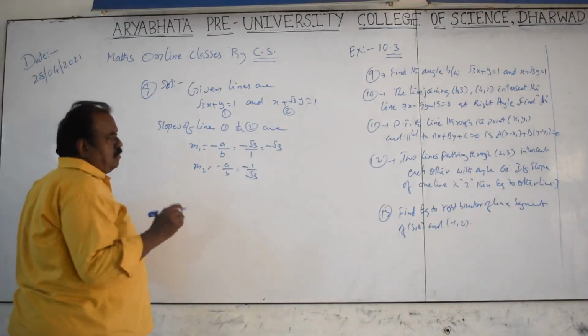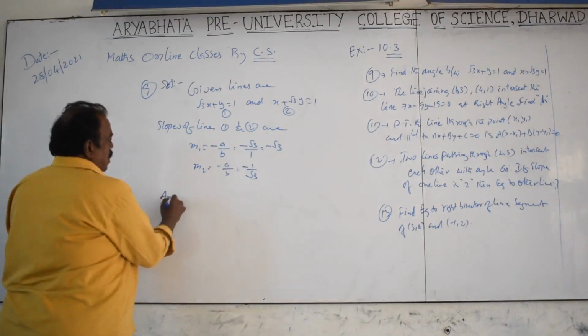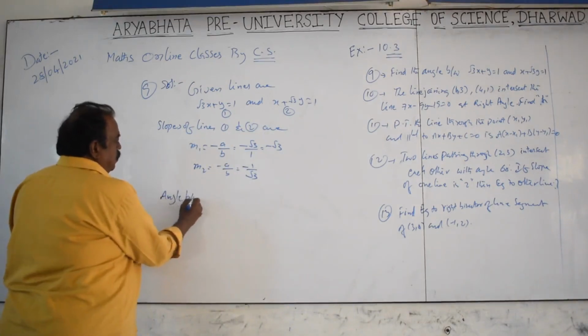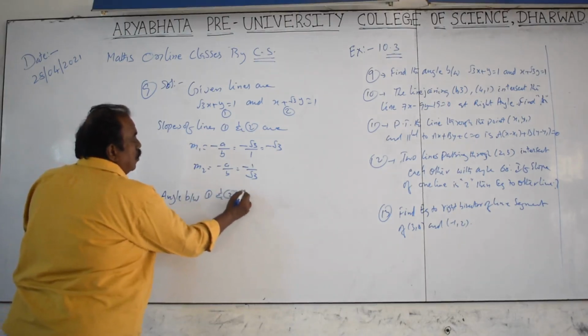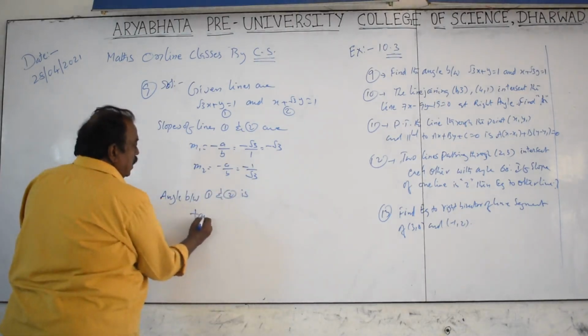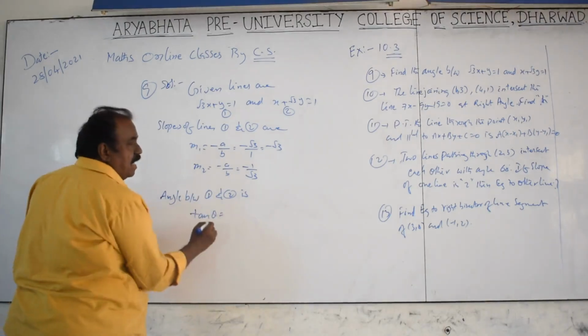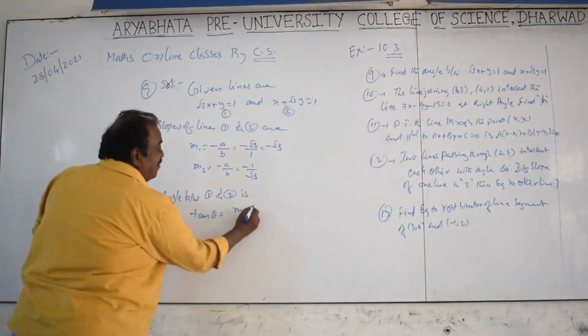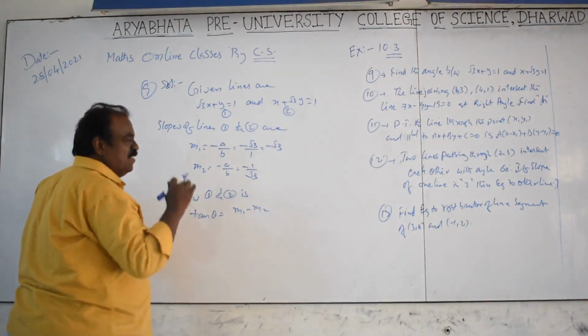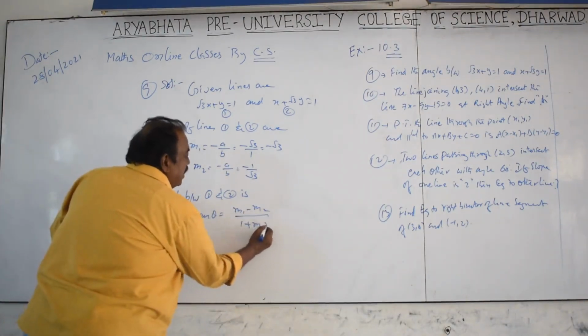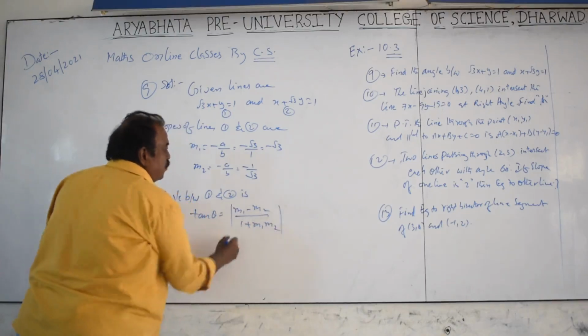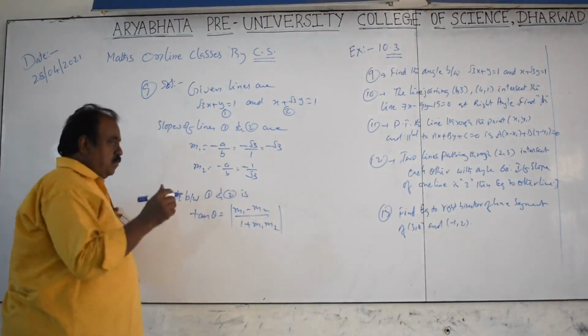Now a formula is there. The angle between line 1 and line 2: tan theta is equal to m1 minus m2 by 1 plus m1 m2.